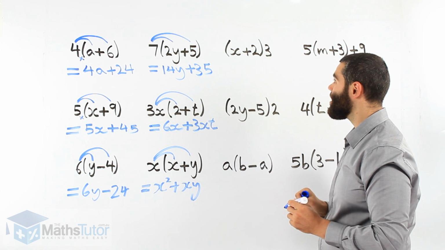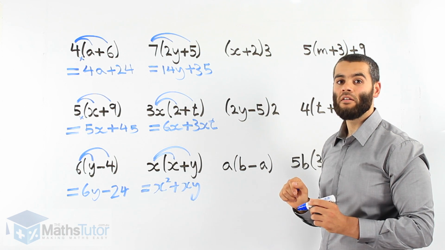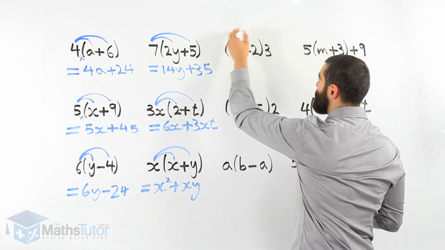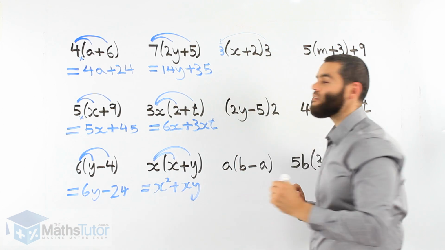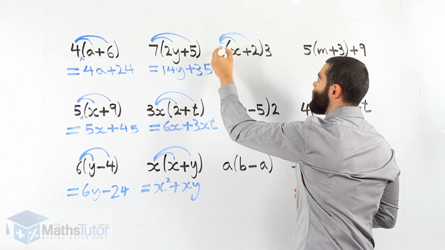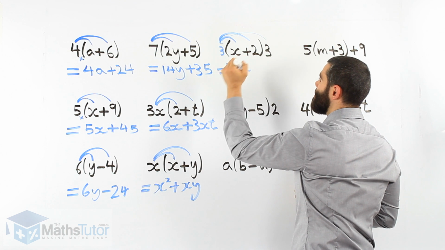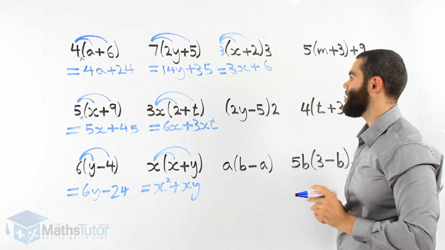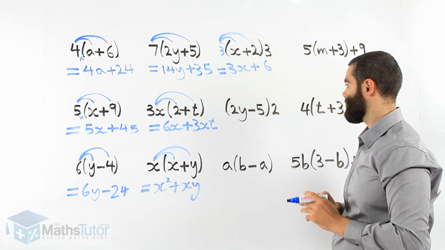In this example here, we have brackets, and then the 3 is on the other side. It still means the same thing. So to make it easier, just swap the 3 and put it on that side. Doesn't matter, just swap it over. And then we do our arrow, 3 times x, 3x, and 3 times 2 is 6. 3x plus 6, we can't go any further.